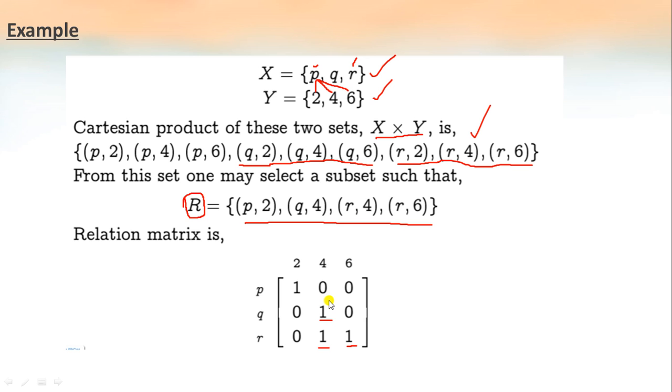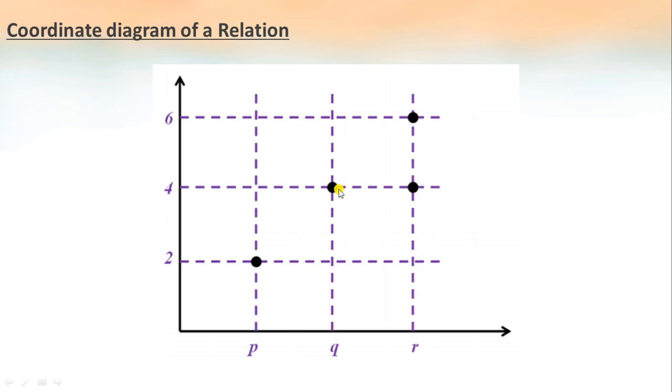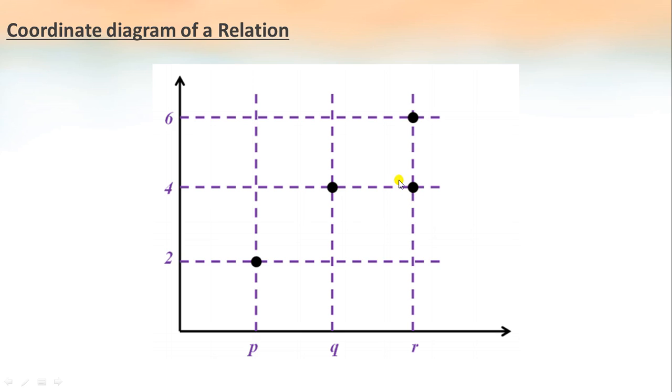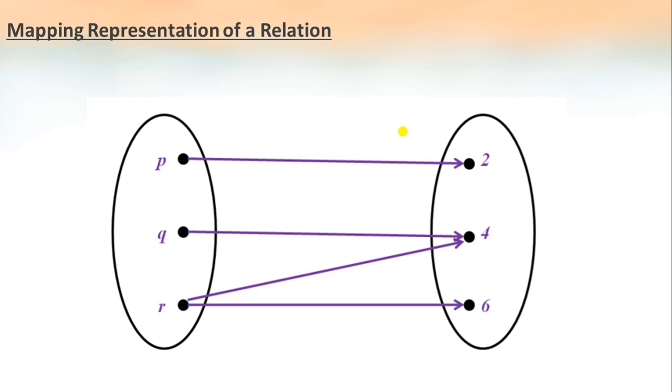Next is (Q, 4), so we will mark it over here. Next is (R, 4) and (R, 6), so we will mark (R, 4) and (R, 6). So this is the coordinate diagram representing that particular relation R.